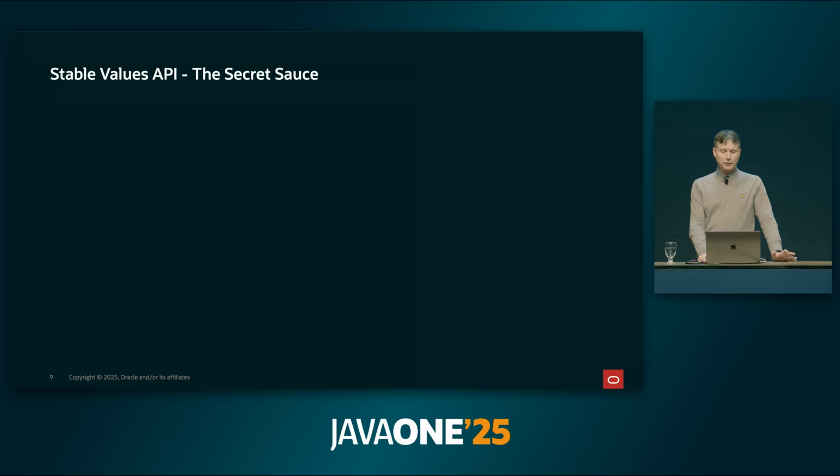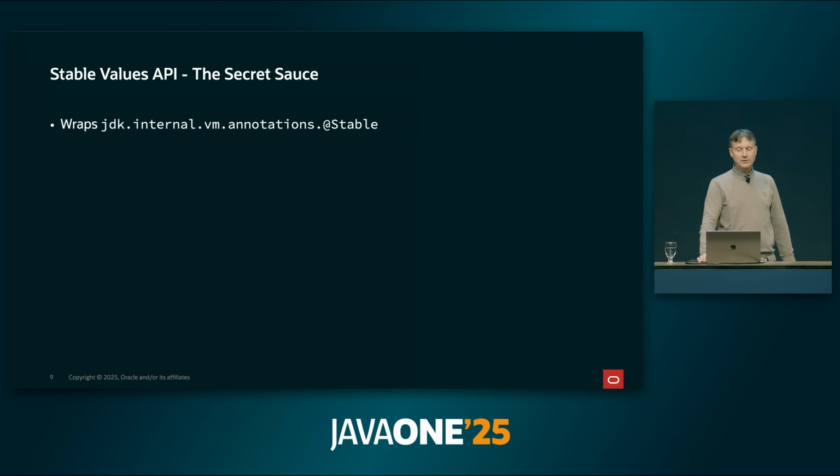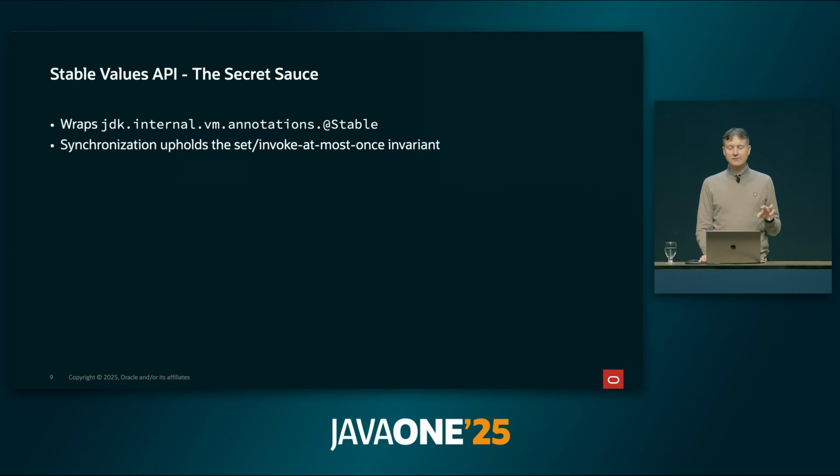So what's the secret sauce? How is this even possible to do? Well, StableValue wraps an internal annotation that I spoke about before called Stable. This is a promise to the VM, an assertion that this field will be updated at most once. But it's not safe to expose this directly. So you can say that StableValue is a wrapper around stable fields, and it has synchronization that upholds the set-at-most-once invariant.